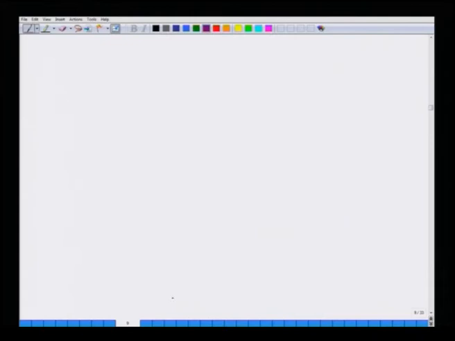Let me denote the asynchronous correlation, remember we were using this notation, this is user 0, user 1, the cross correlation between user 0 and user 1.